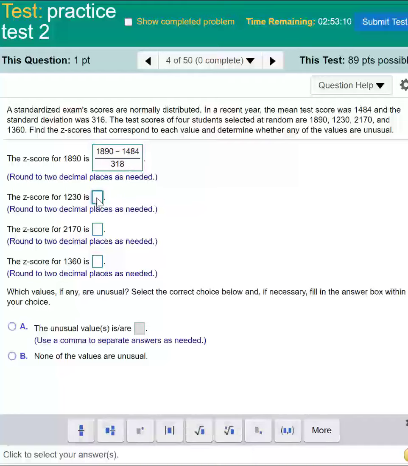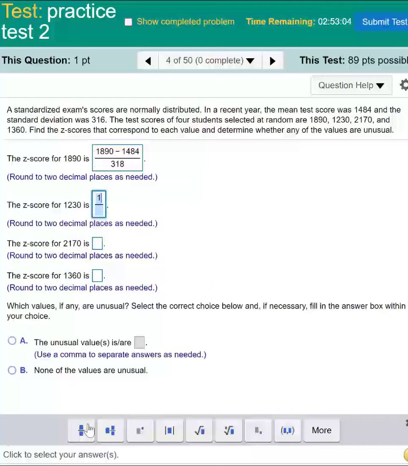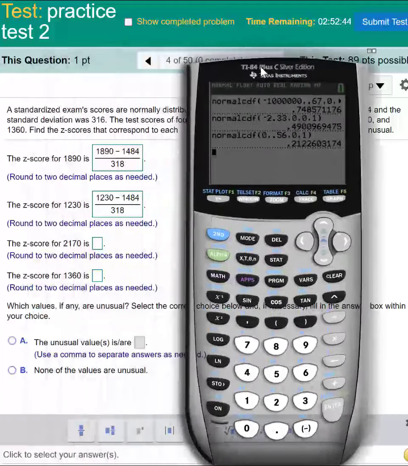And you do the same thing for the remaining ones. Just make sure that you do the calculations here. 1230 minus, I'm just showing you the work, 1484, and then divide by the standard deviation, which is 318. Let's see what these two are.